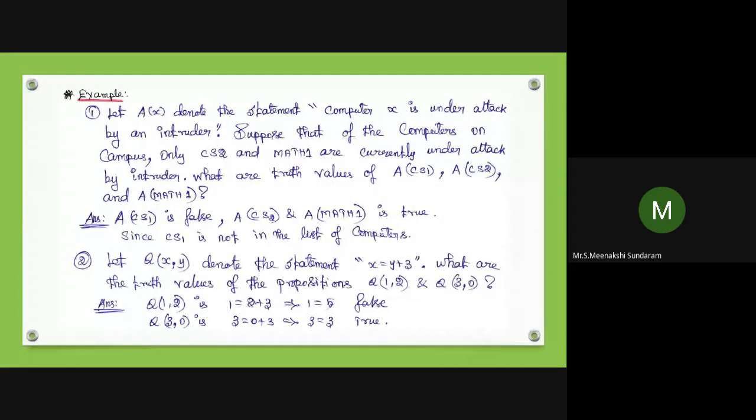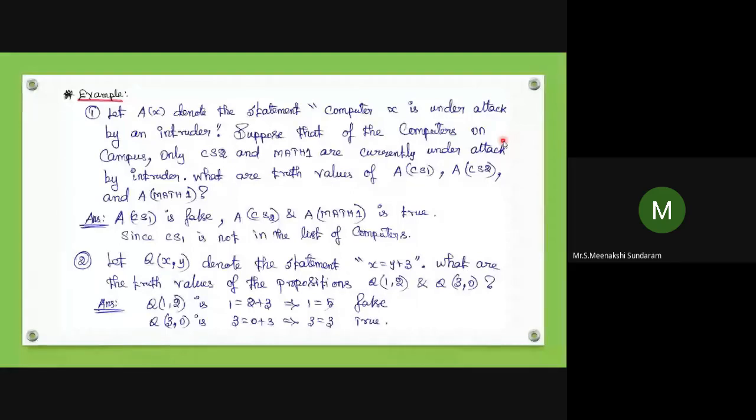Similarly, for the next example, let Q(x, y) denote the statement x is equal to y plus 3. There are two variables here. What are the truth values of the propositions? You can give a proposition by fixing the values of x and y, like coordinates in the Cartesian system. For Q(1, 2), put x equal to 1 and y equal to 2.